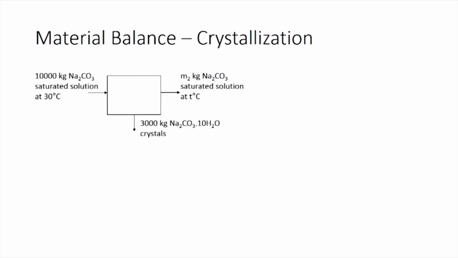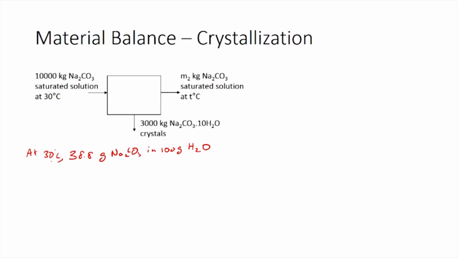The solubility data tells us that at 30 degrees Celsius, 38.8 grams of Na2CO3 in 100 grams of water will give you a saturated solution.